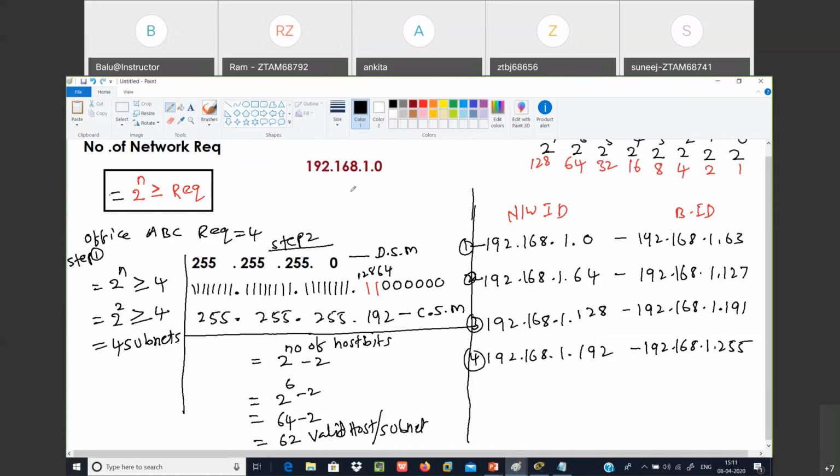Okay, coming to step 2 about CSM. So 192.168.1.0, our base example. Is it a class A, class B, or class C? It's class C, right? Class C subnet mask is what? 255.255.255.0, the default subnet mask we call.